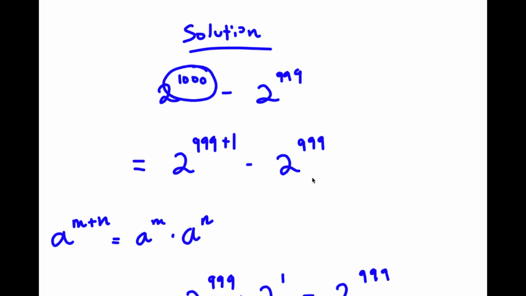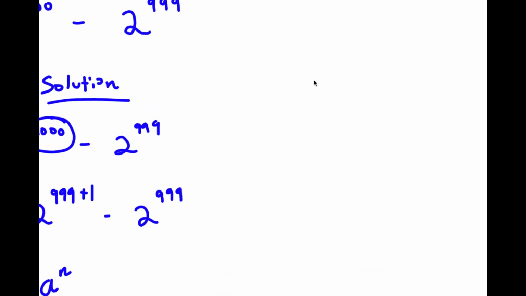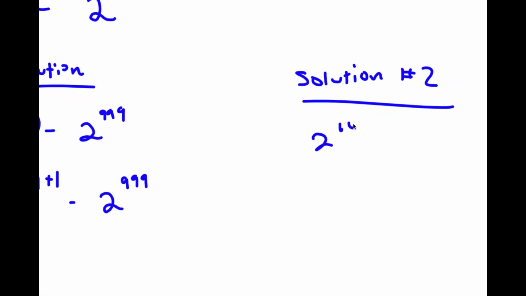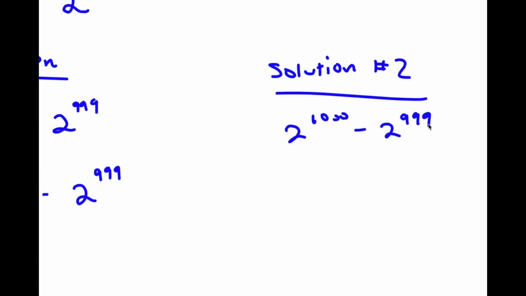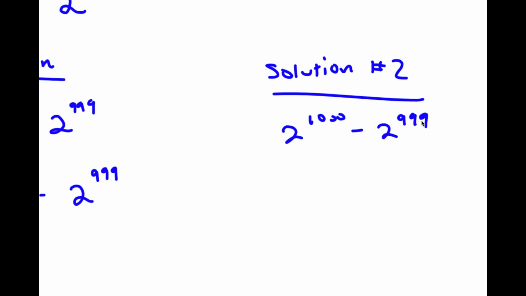Now, another way of doing this. So I first start with 2 to the power of 1000 minus 2 to the power of 999. Now this time I'm going to rewrite 999 as 1000 minus 1.